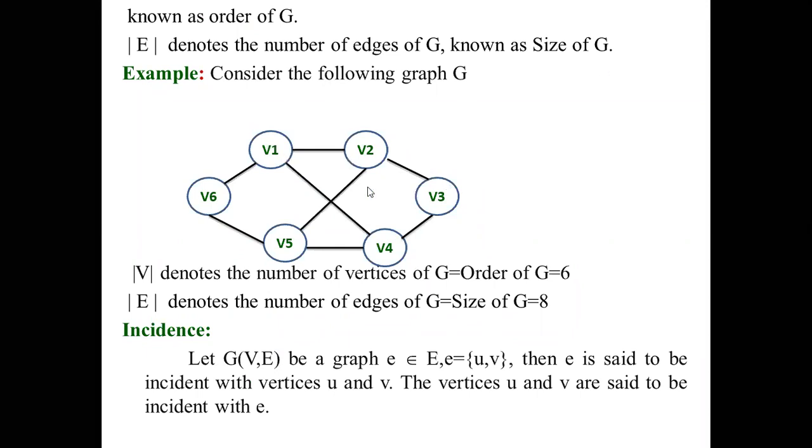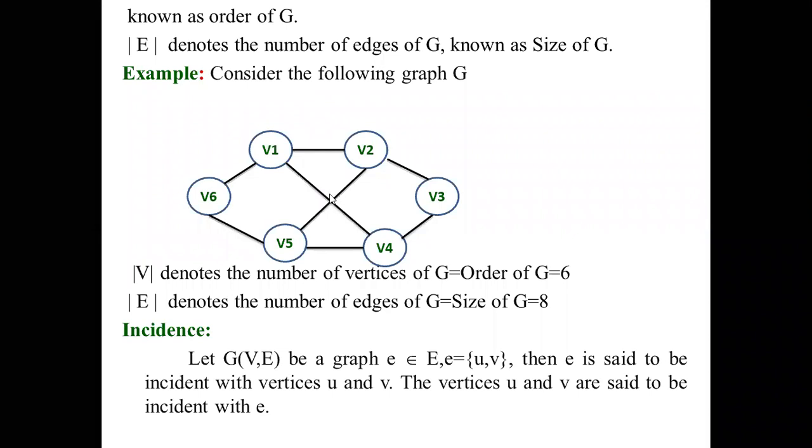Consider an example. In this graph, the vertices are V1, V2, V3, V4, V5, V6. So the number of vertices, and the order of this graph, is 6. And E denotes the number of edges. How many edges are here? 1, 2, 3, 4, 5, 6, 7, 8.